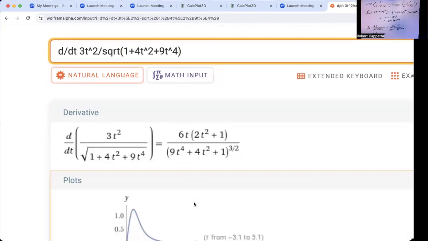Gives me this. And how am I going to write that? How about 12t cubed plus 6t over that same thing to the 3/2 power: 1 plus 4t squared plus 9t to the fourth, all raised to the 3/2 power.